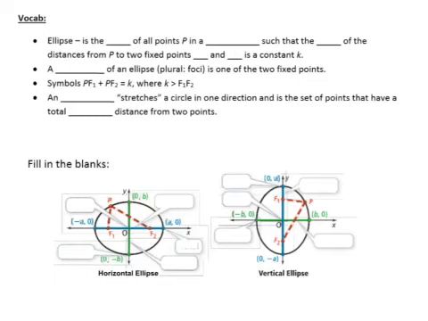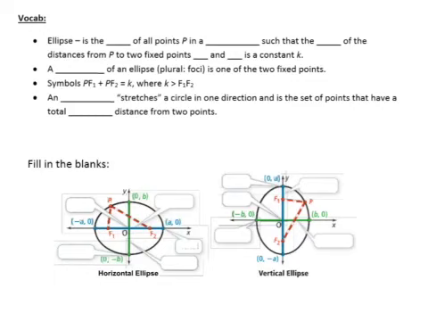Now, an ellipse, this is the set of all points P in a plane such that the sum of the distances from P to two fixed points f sub 1 and f sub 2 is a constant k. Now this might not make a lot of sense at first, but let's go ahead and write it down and we'll come back and look at this.